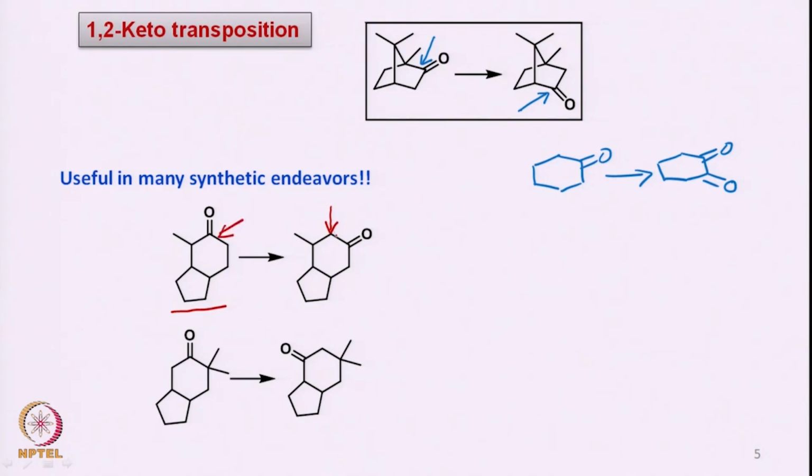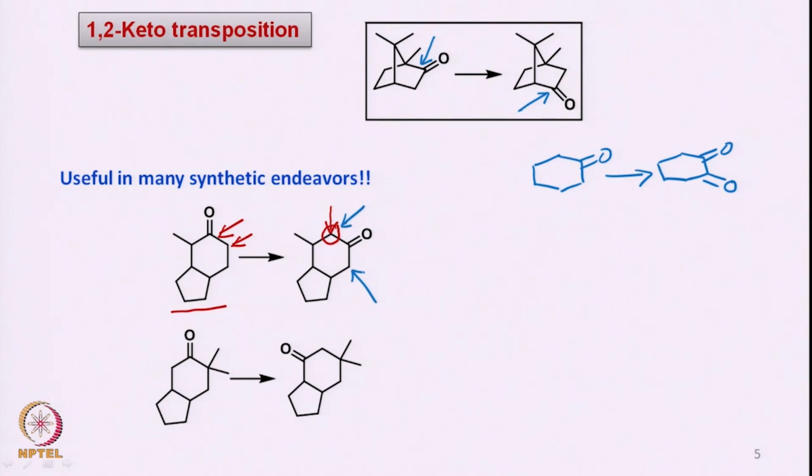But if one wants to utilize both these hydrogens here, then we need to convert this carbonyl group to the next position here. Once that is done, you have two possibilities: functionalization at this center and also at this center. Now that you have a choice.